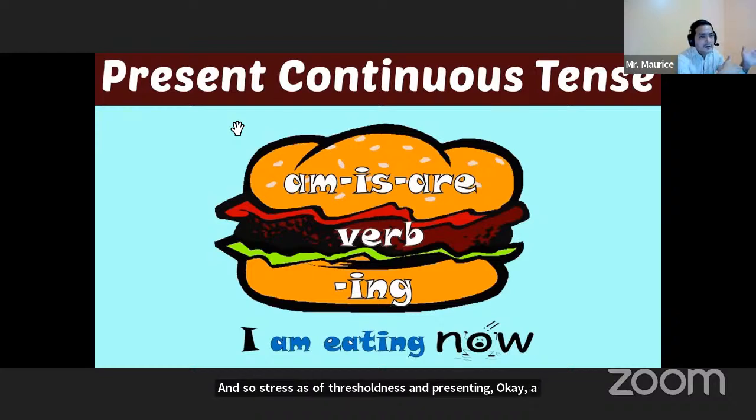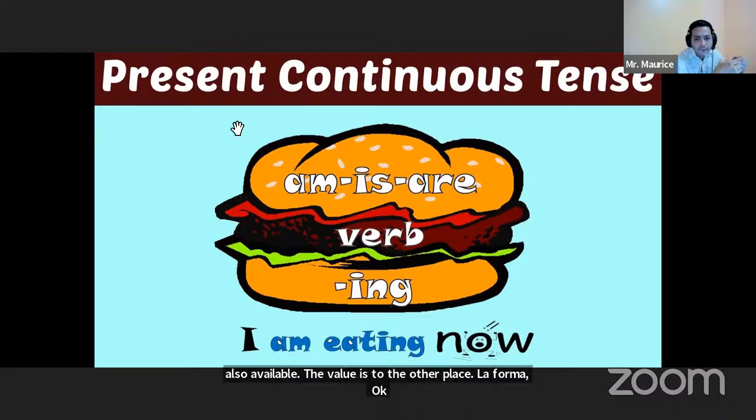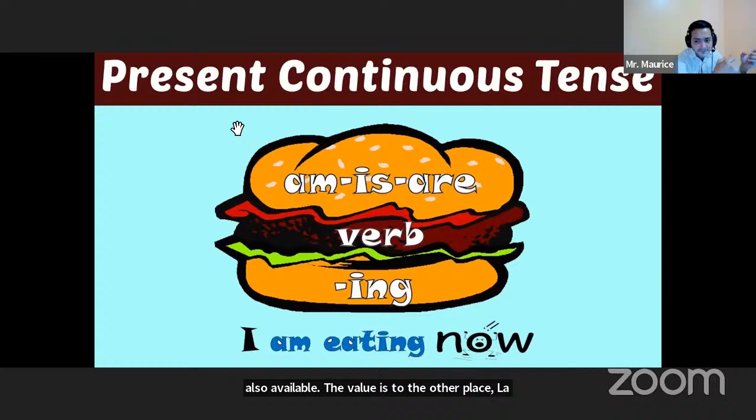El otro aspecto relevante es el sufijo ing, que equivale al nuestro en endo, ando. Y en medio tenemos el verbo. Ya acabamos de ver cómo añadimos este sufijo a la forma base del verbo. You see? I am eating now.